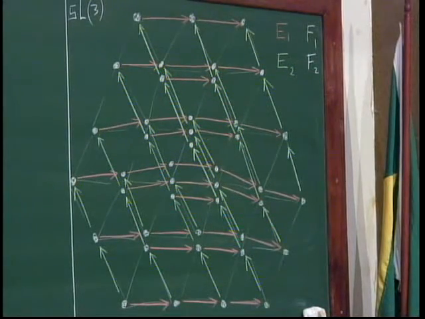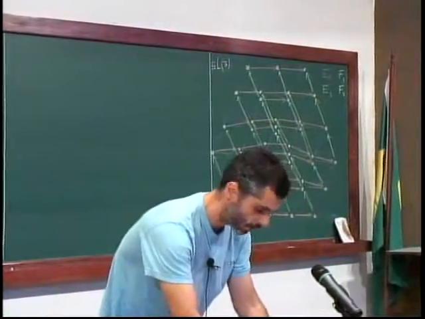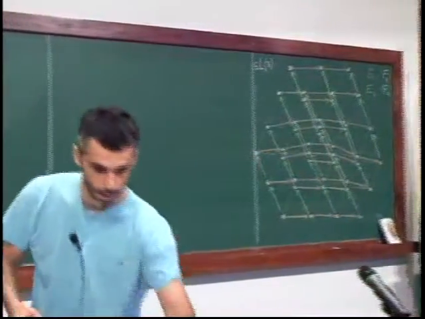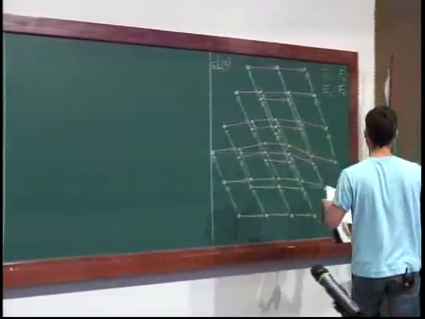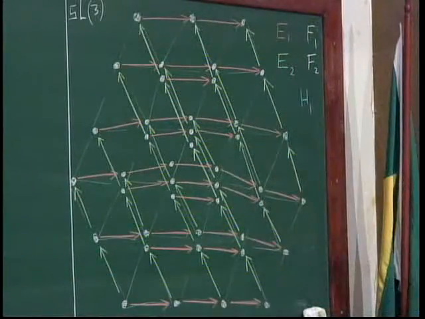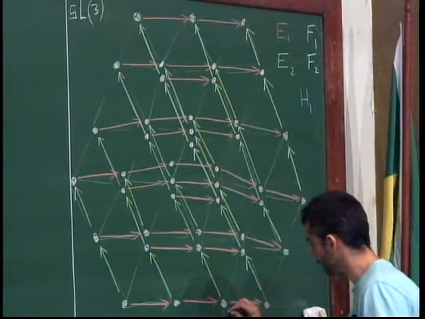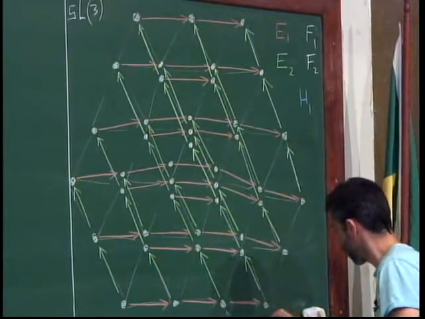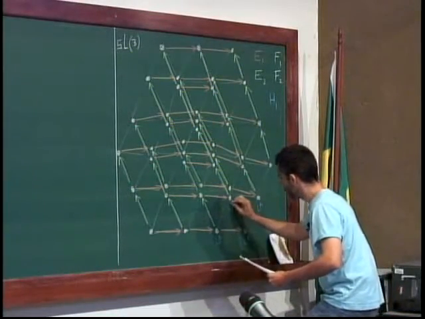And finally, there's H1 and H2. So let me tell you what H1 and H2 are. I'm going to need 2 more colors. So I start with H1 in blue. It sends everything to itself, but with a given coefficient.